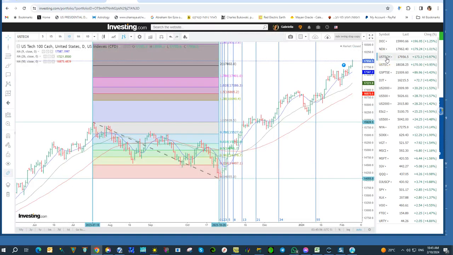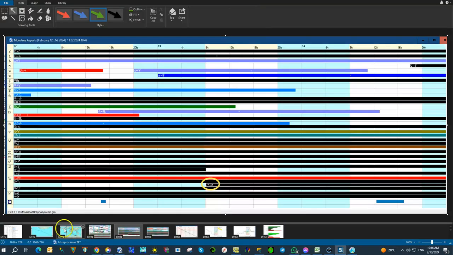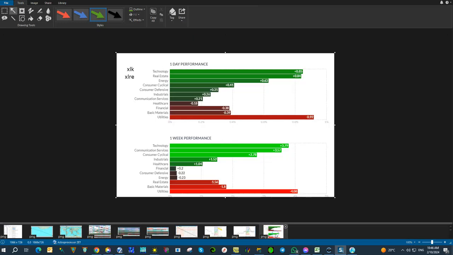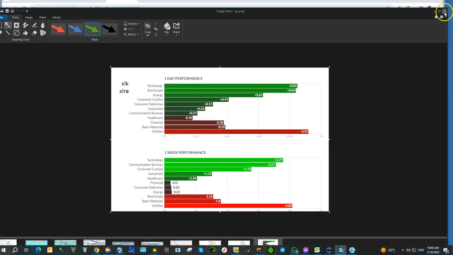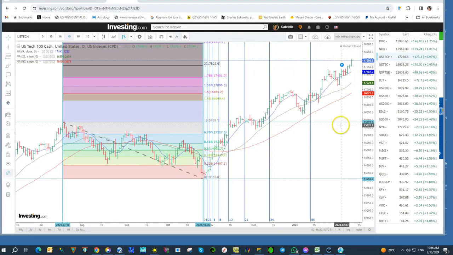The US Tech, the technology group, was very, very strong, as we could see in this chart, with the 1 week performance on technology at 380%. So technology is a leading index, and we are very, very strong here.